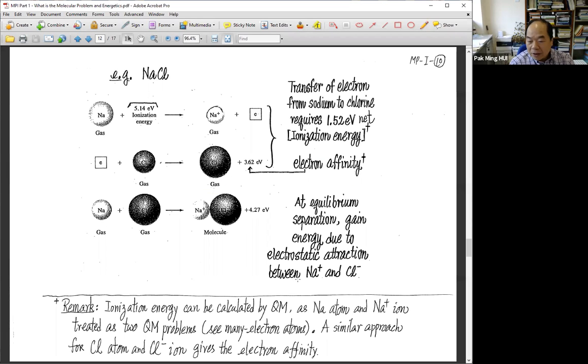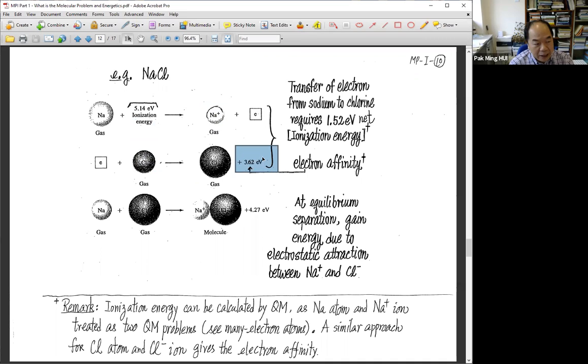So here are more concrete numbers. Sodium: ionize it, look at the tables, you need 5.1 eV to pull an electron out. Then this electron goes to the chlorine, and you gain back some electron affinity, but only 3.6 eV. You give in 5.1, you gain back 3.6.